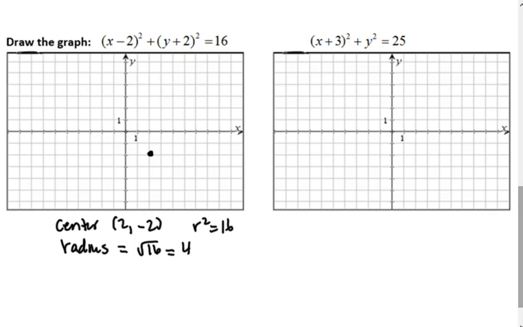So then I'm going to count 4 in every direction, up, down, left, and right, from the center.